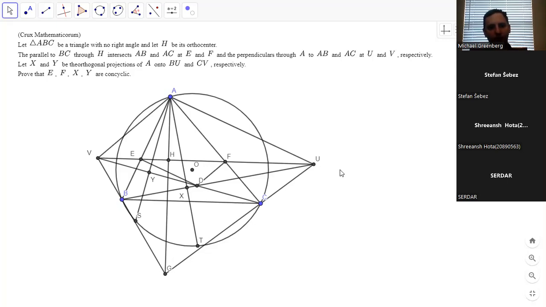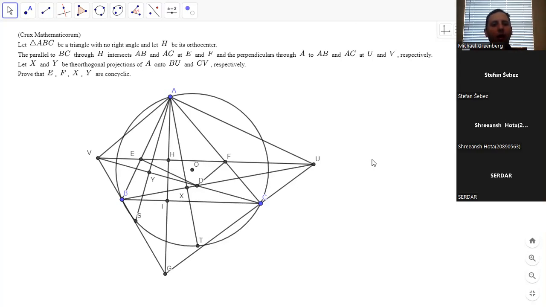And CF over FA is equal to IH over HA, where I is the foot of the altitude from A. Then it is very easy to prove that BHC and VAU are similar, with corresponding points.